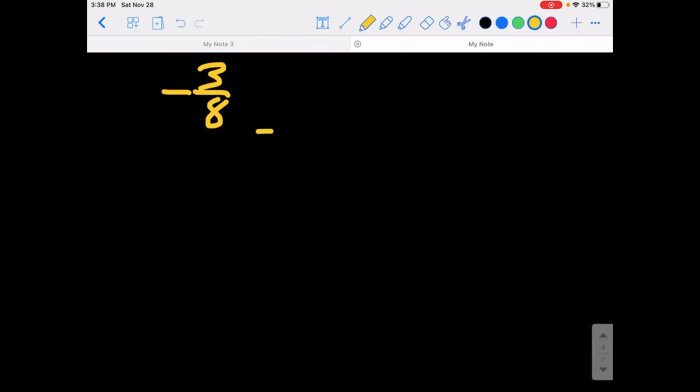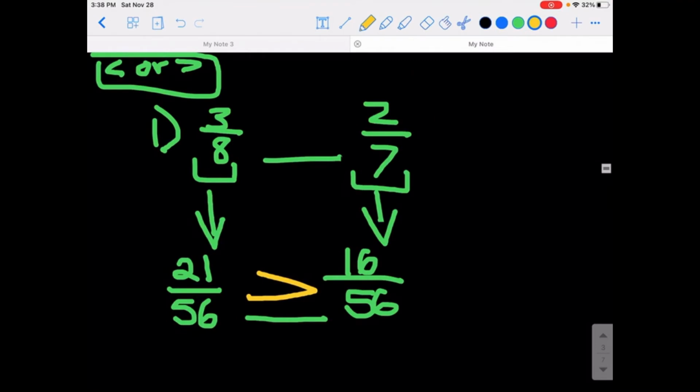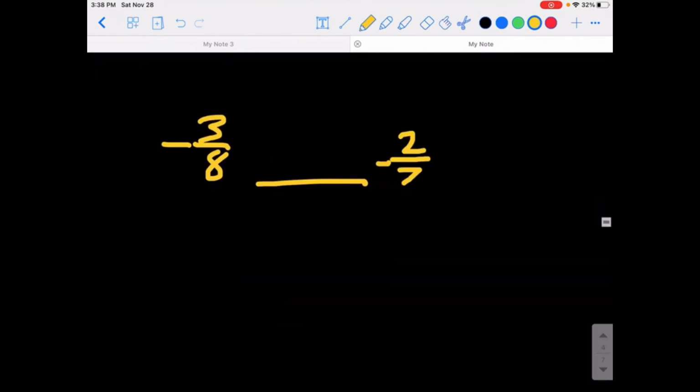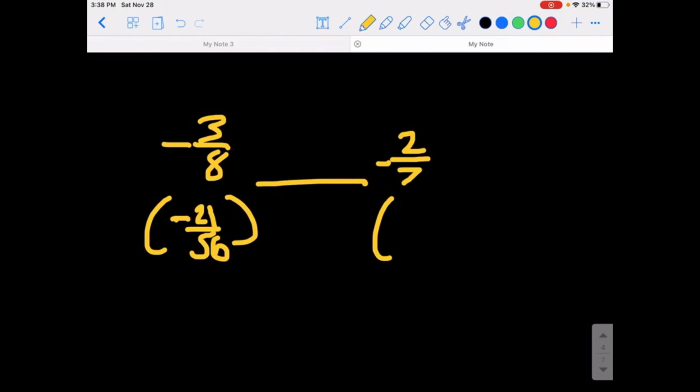So let's do negative 3/8 and negative 2/7. Again, if you look back, we had 21 over 56, so this is the same thing: negative 21 over 56. And the other one was negative 16 over 56.